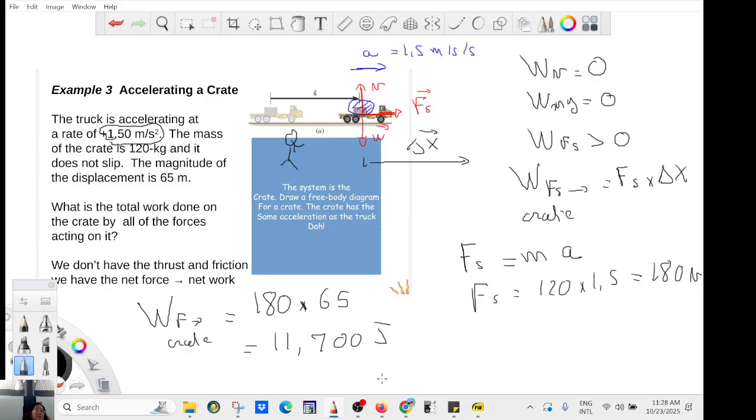The unit is Newton meters, but it's joules. Joules is Newton times meter. And Newton is kilogram meter per second per second. Boom, boom. They take a shortcut.